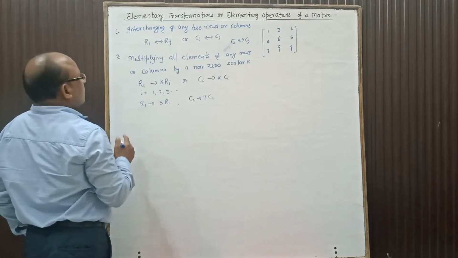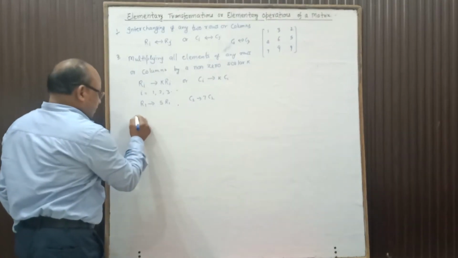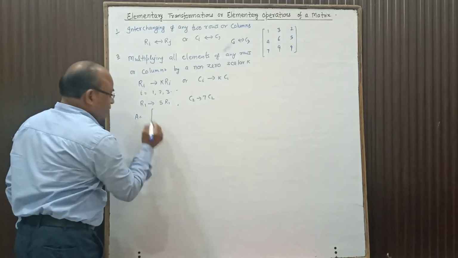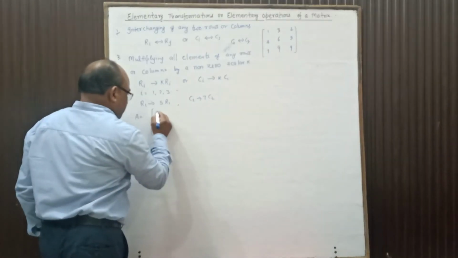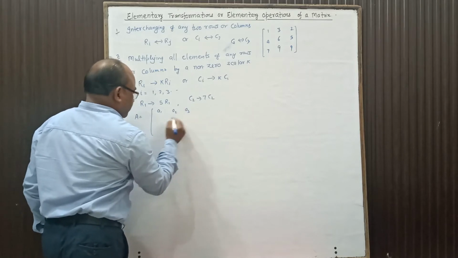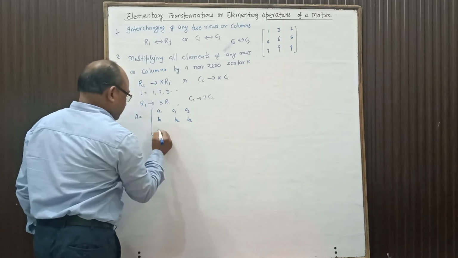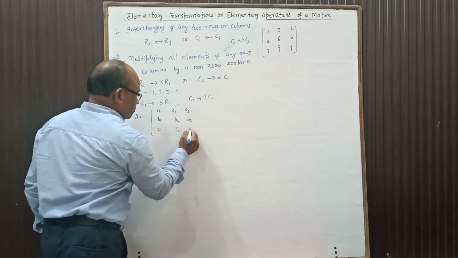Suppose A is any matrix: A1, A2, A3, B1, B2, B3, C1, C2, C3.